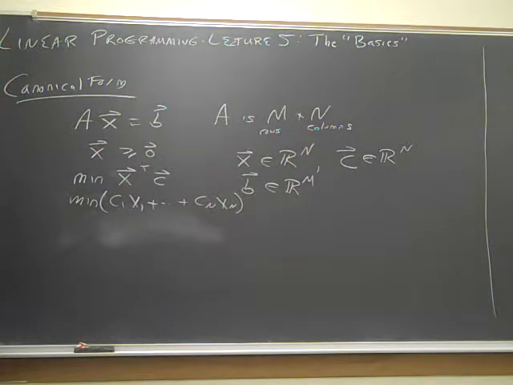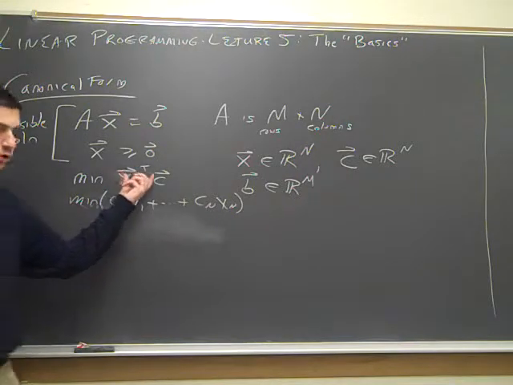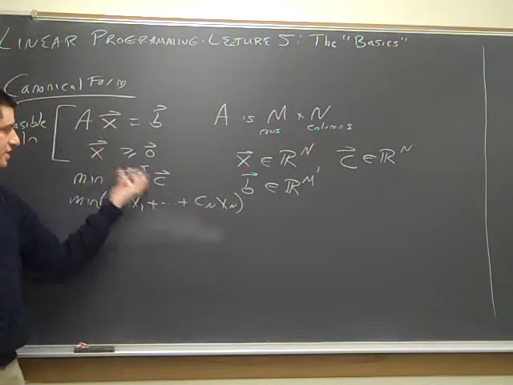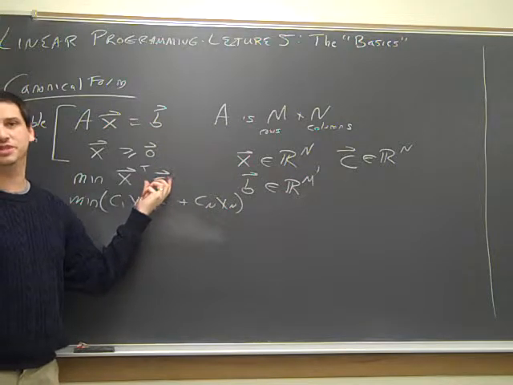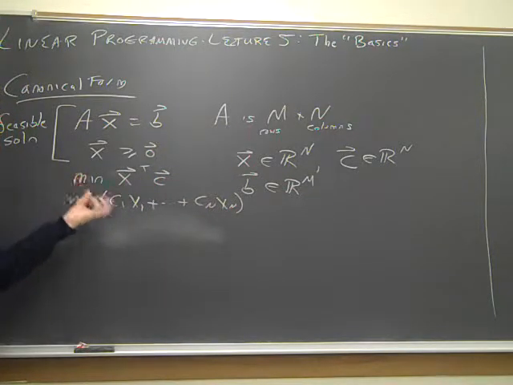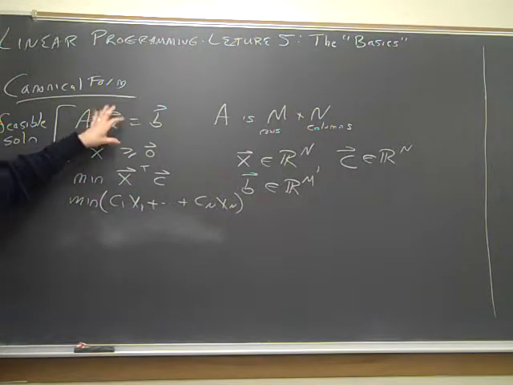Alright, so the first question is, is there a solution? So, if these two are satisfied, we say we have a feasible solution. So again, our goal is to find a solution to this that minimizes x transpose c. But before we can even try to minimize x transpose c, the first question to ask is, is there a solution?